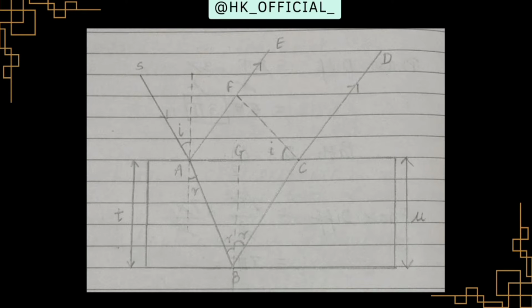Now, the key factor that gives rise to interference is the path difference between these two reflected rays. The ray that traveled through the thin film has covered a longer distance than the ray that was reflected directly from the top surface. This leads to a phase difference between the two rays. Depending on whether this phase difference results in constructive or destructive interference, we observe patterns of bright and dark regions.